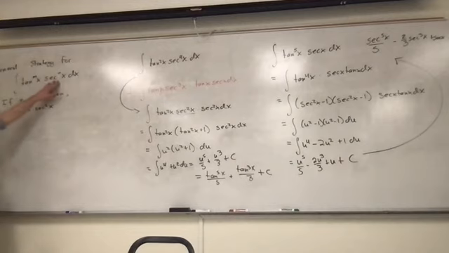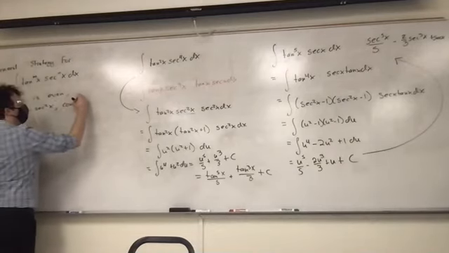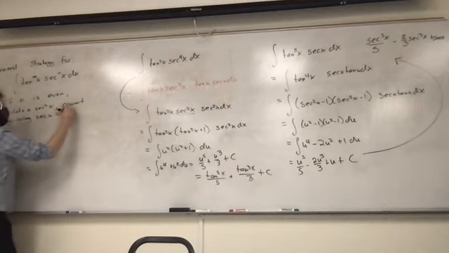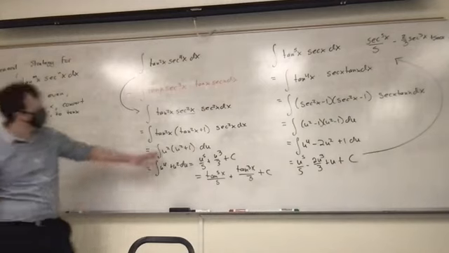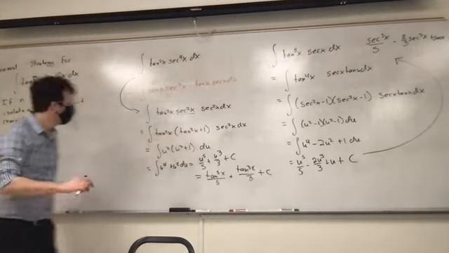If we have an even number of secants and we take 2 away, we get another smaller even number. Then we can convert the remaining secants to tangents. And since there's an even number of secants, we can do it using this trig identity however many times we need to.